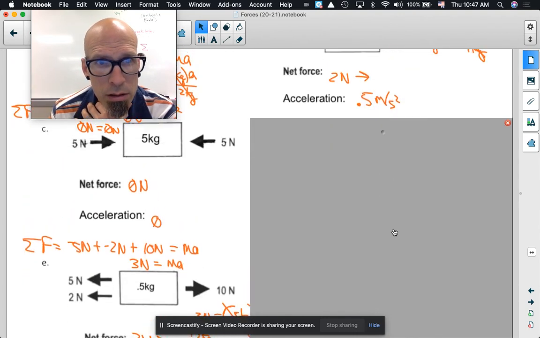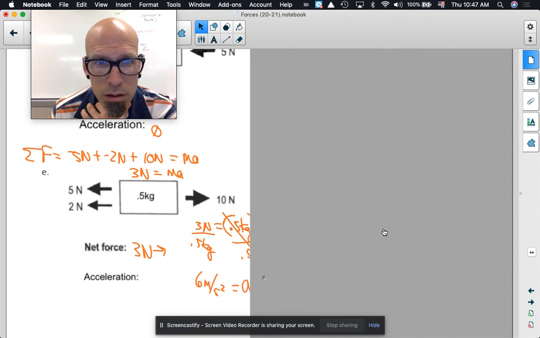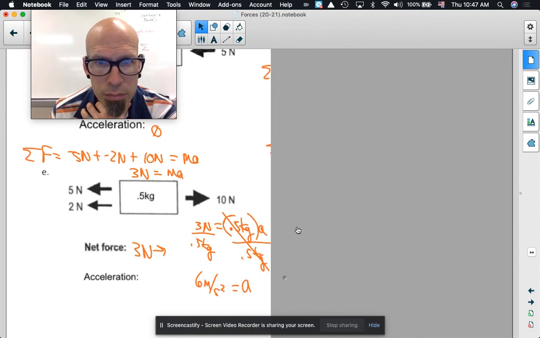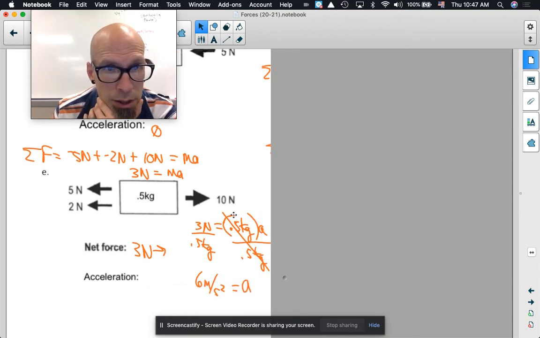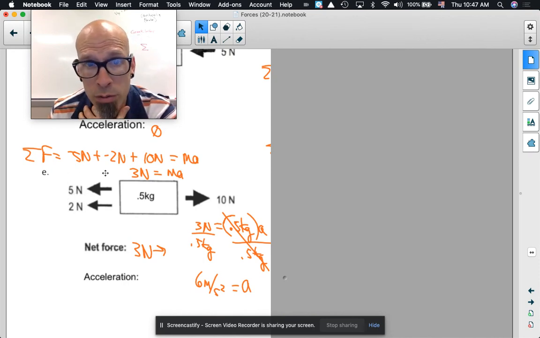E. What we got here? So E, we have negative 5 newtons here because it's to the left. We have negative 2 newtons here because that's to the left. But then we have positive 10 newtons because that's to the right.